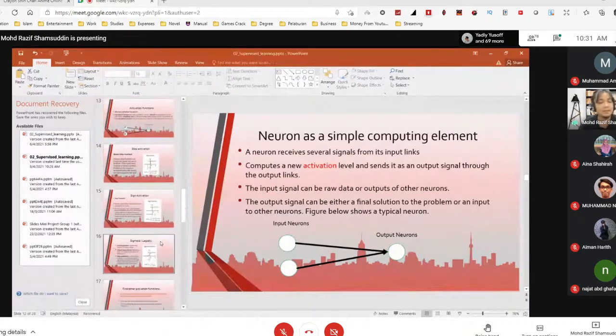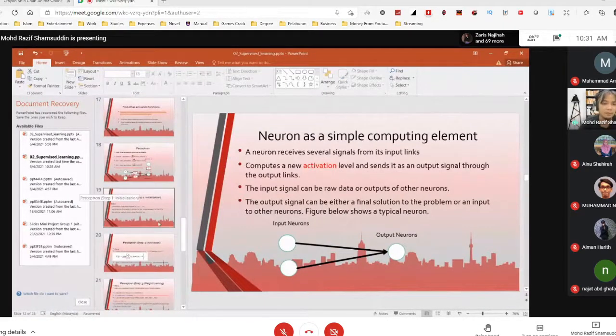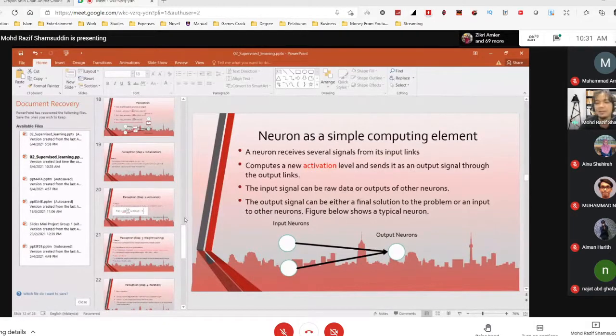Alright. First of all, let's have a look at the steps first. Can any student in group B or C tell me what's the step? What is the step that I explained of a perceptron algorithm? How many steps are there? 5. 5?